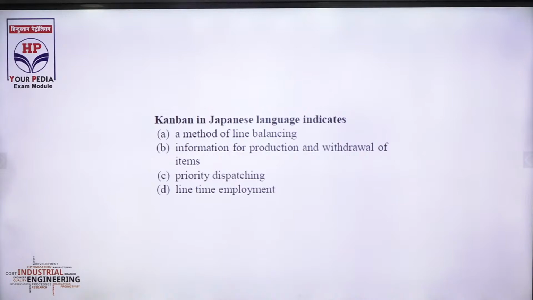It is a Japanese word. So what do you mean by Kanban? This is the Japanese word, but what do you mean by this? In Japanese language, what does it mean?